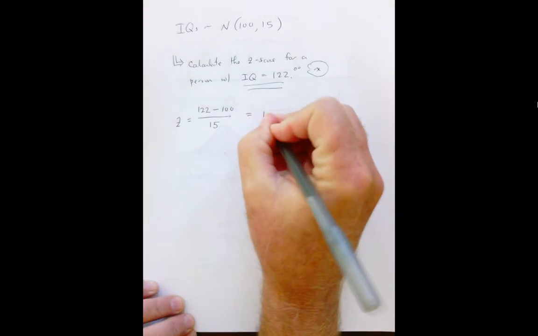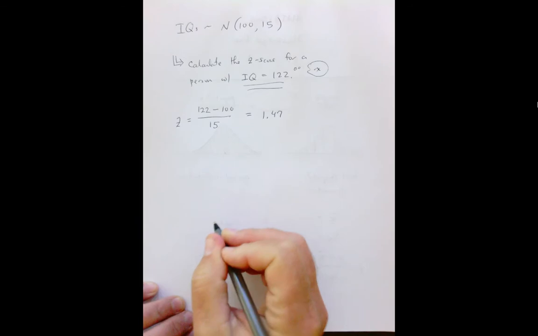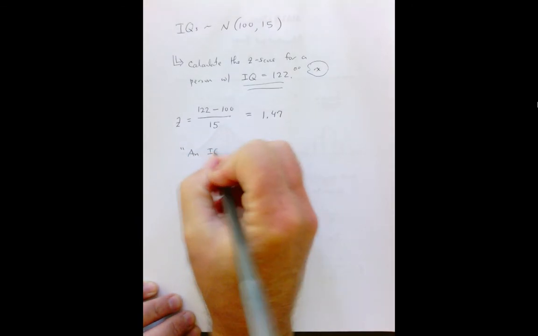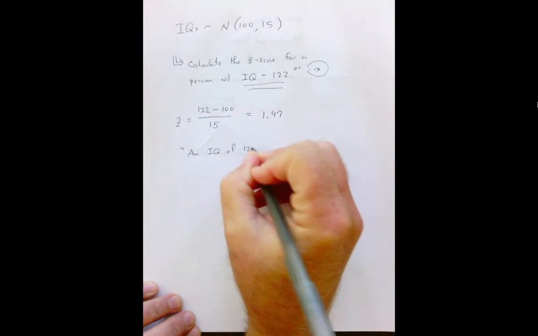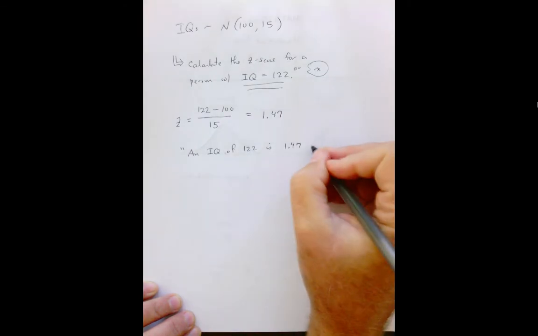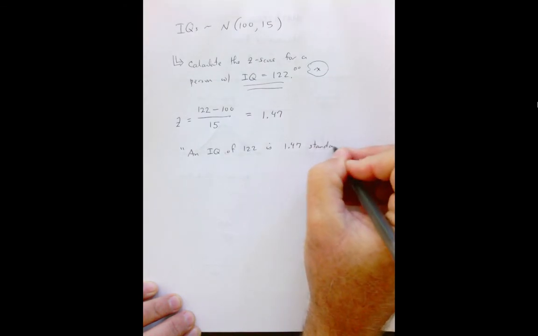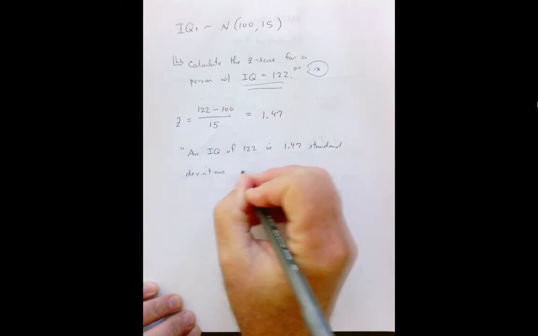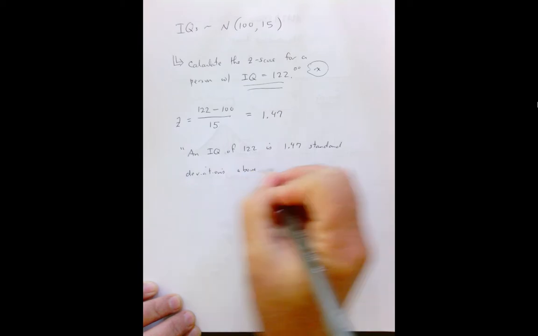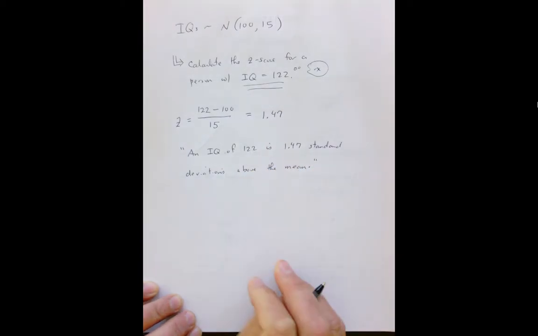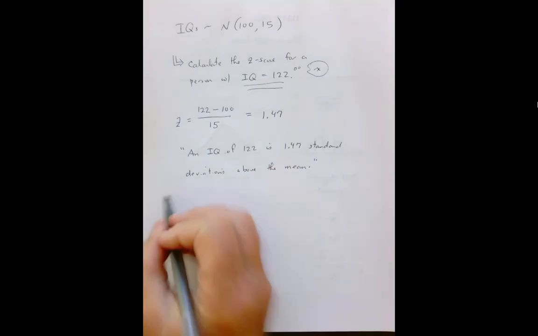So I'm going to round this to 1.47. And what we can say here is that an IQ of 122 is 1.47 standard deviations above the mean. All right, it's that easy. It is that easy, boys and girls.